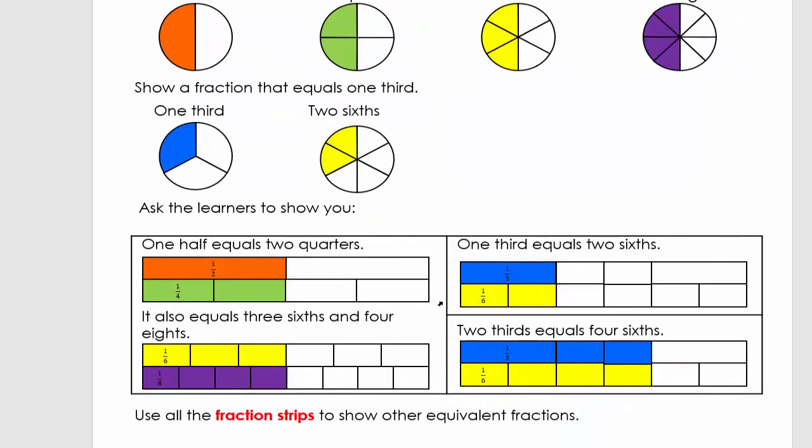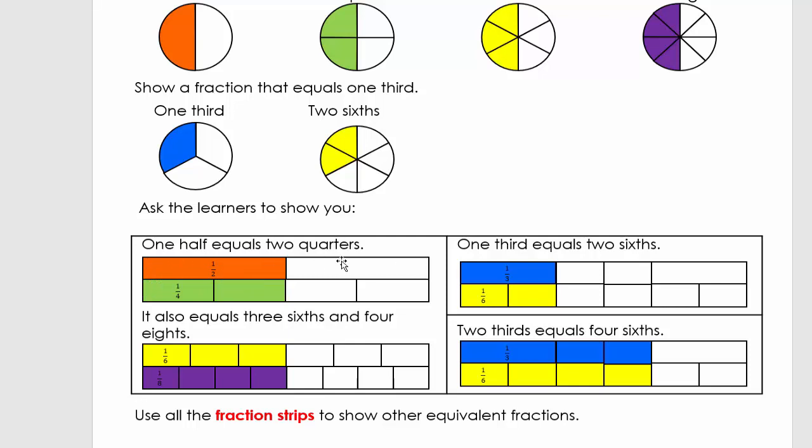Okay, so let's carry on with the next example. Here on this, we can also see that 1/2 is equal to 2 quarters. Very important again, can you see we always show the 1 whole as well?